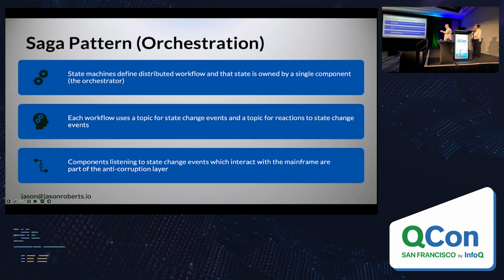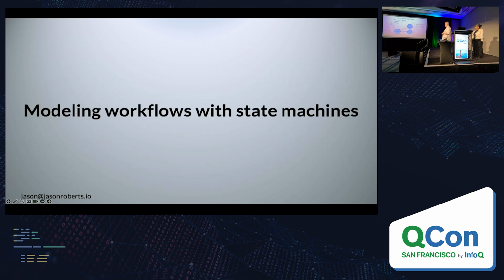They are the authority that says, okay, the state of this workflow has changed, and for reactions to that state event. That's the thing that decouples things that know about the mainframe from things that know about the business domain. And then there are components listening to those state change events, which are part of the anti-corruption layer that was mentioned previously.